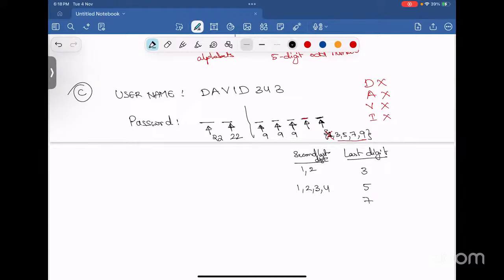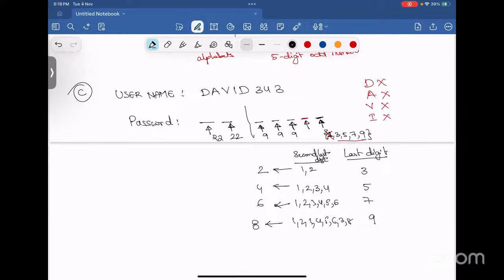Okay, similarly 7, 9. 7 will have 1, 2, 3, 4, 5, 6. And 9 will have 1, 2, 3, 4, 5, 6, 7, 8. Right, so here there are 8 possibilities, 6, 4, and 2.